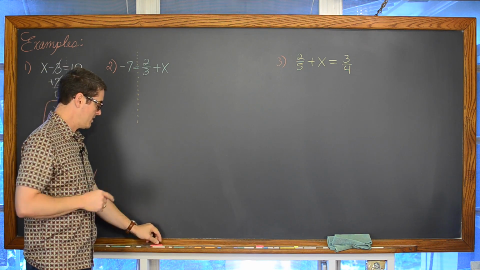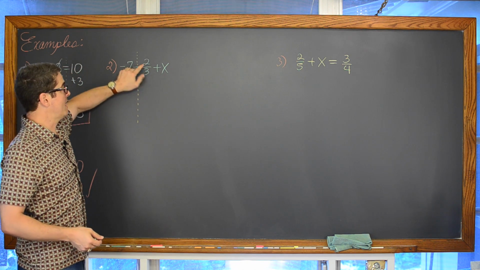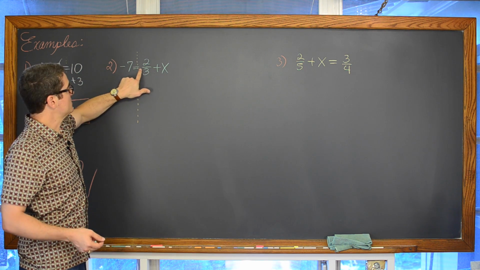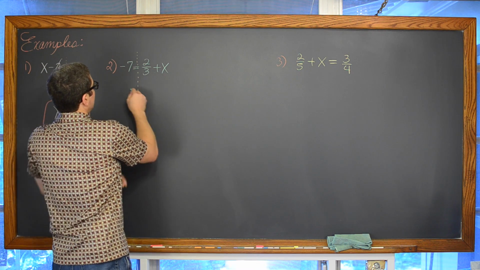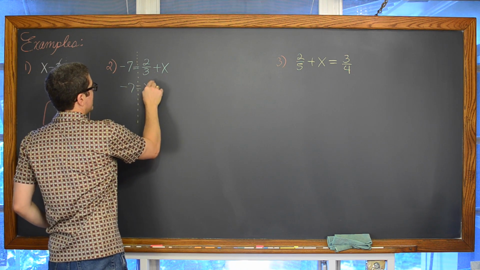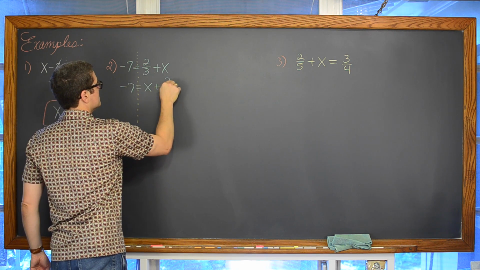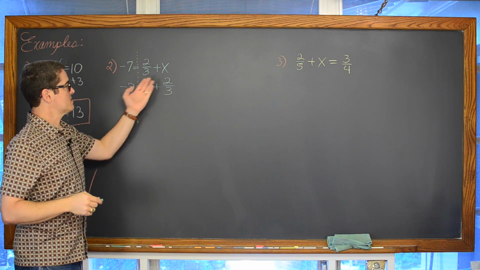And what we're going to do is see that on the right-hand side where the variable is, we have a positive 2/3 plus x. That's an addition of 2/3 with the x on that side. We could also rewrite that as negative 7 is equal to x, and there's nothing in front of that 2/3, so that's plus 2/3. My x is positive, and my 2/3 is positive, and these are equivalent.